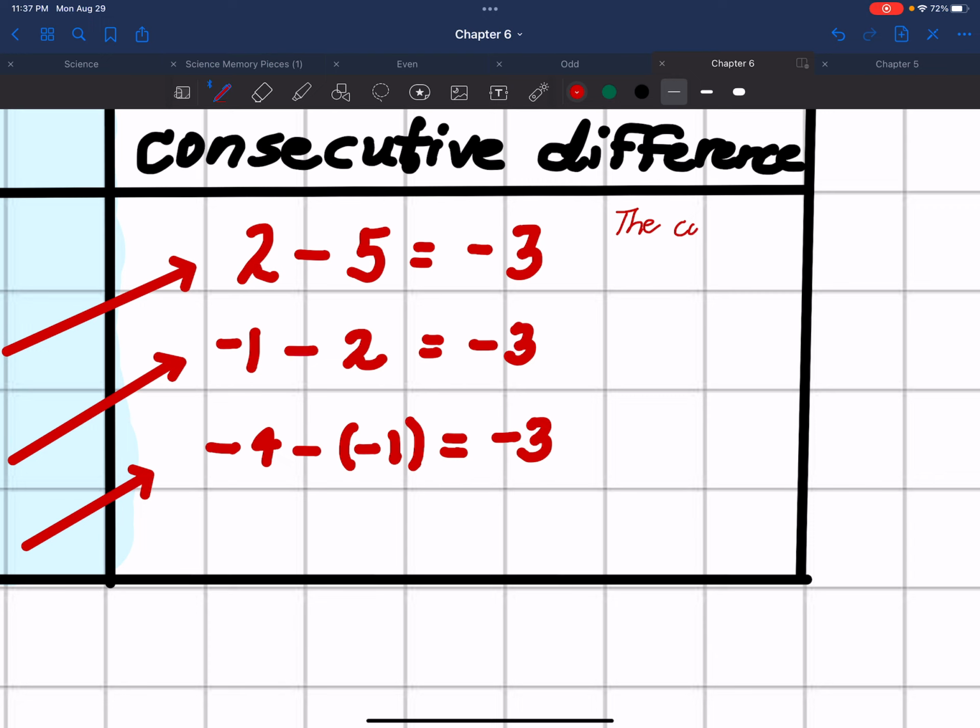The common means it's the same all the way down. The consecutive difference is negative 3.